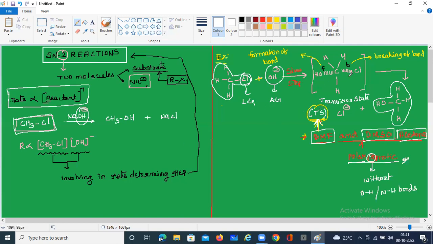Whenever the substrate and nucleophile combine by the slow step, before forming the product the transition state is obtained first.